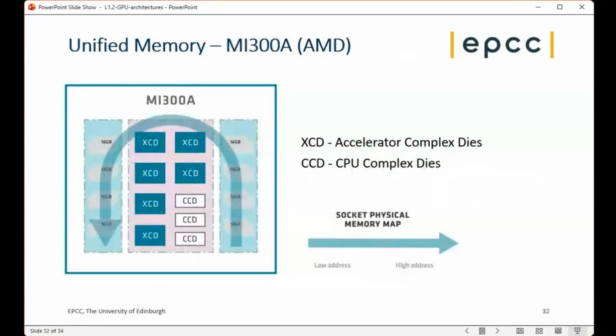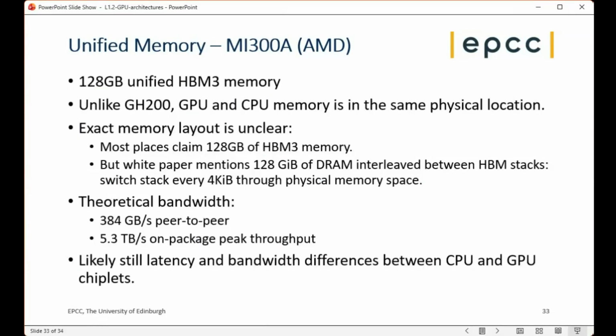AMD have gone a different way. They have unified memory. They don't have the distinction. They have a single piece of memory shared by the CPU and the GPU. We don't have that on our system, but the most modern architecture is moving towards that. On the most recent AMD chips, we have 128 gigabytes of unified memory in the same physical location.